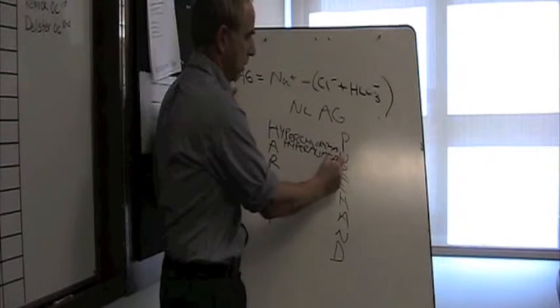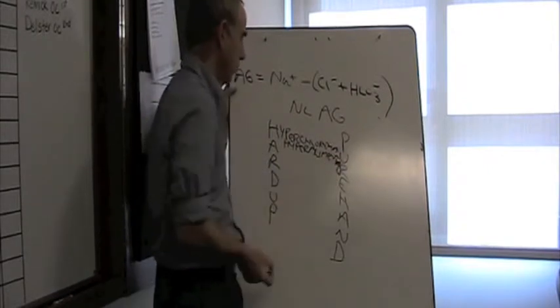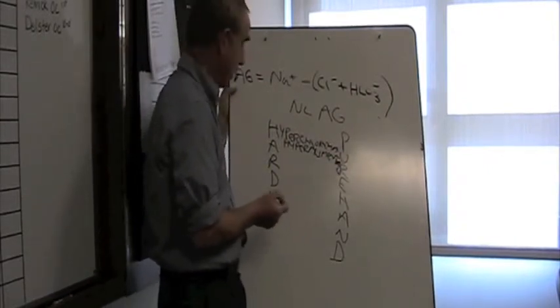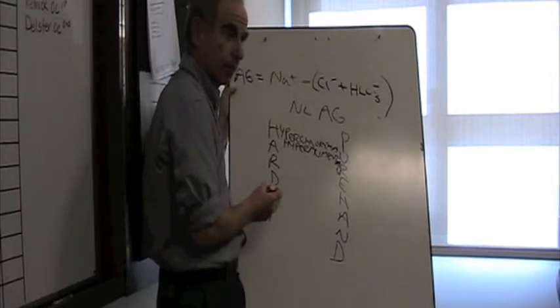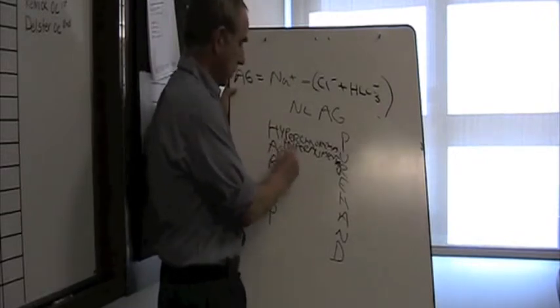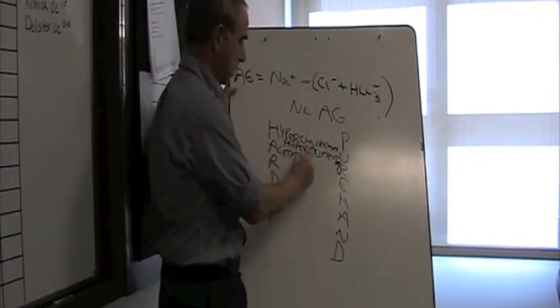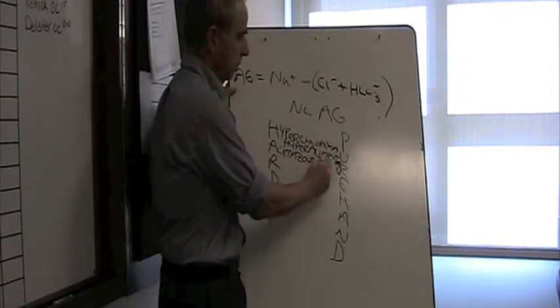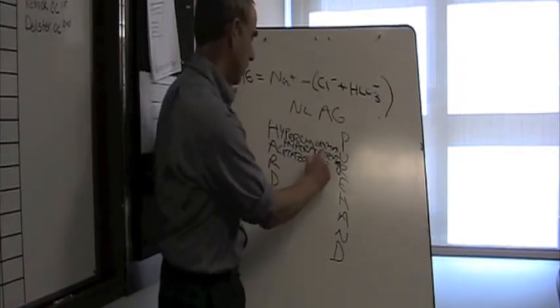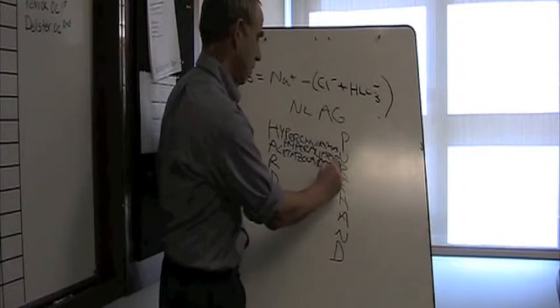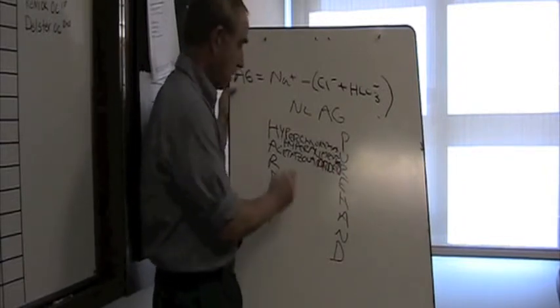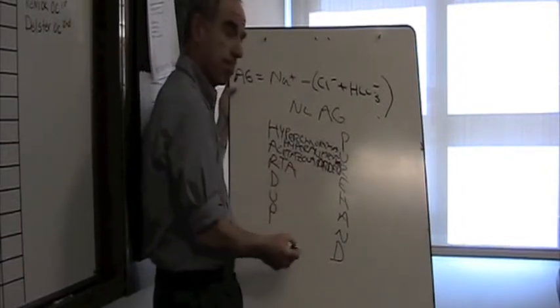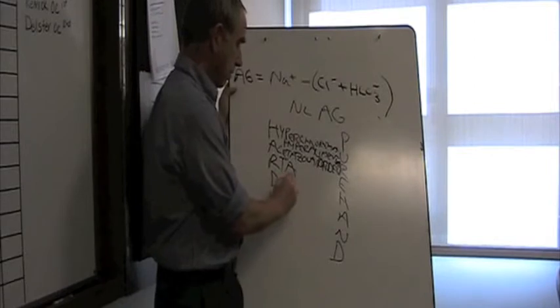Hyperalimentation and I ran out of room. And hyperchloremia. Okay, what's the A? Acetazolamide. Diamox. Okay. RTA. Diarrhea.